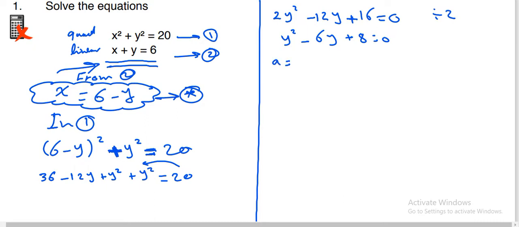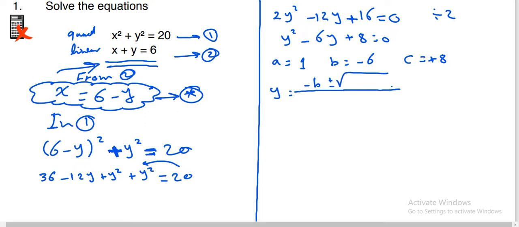For the quadratic formula we'll use a equals 1, the coefficient of y power 2, b equals negative 6, the coefficient of y, c equals positive 8, the absolute term. So the value of the variable is, this is the quadratic formula, negative b plus or minus square root of b power 2 minus 4ac over 2a.